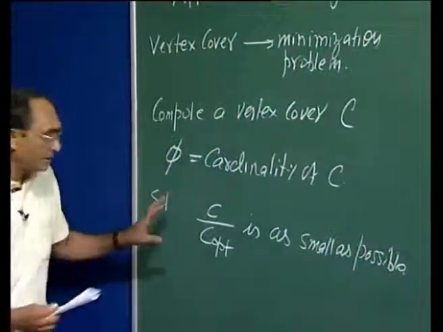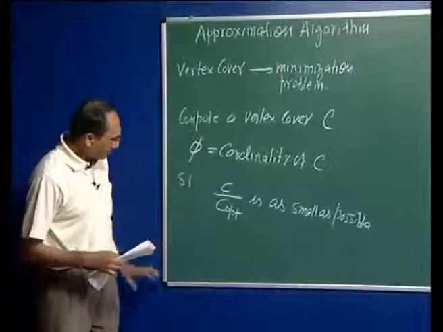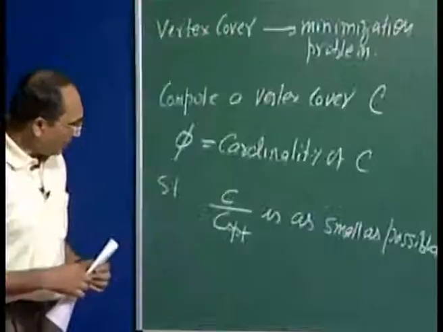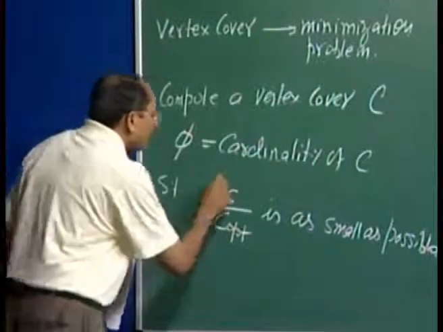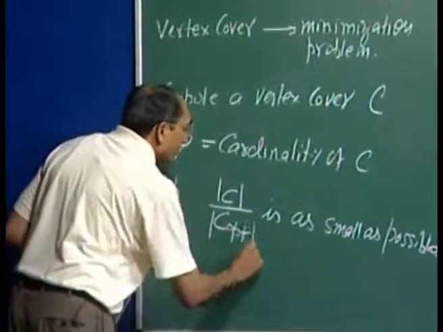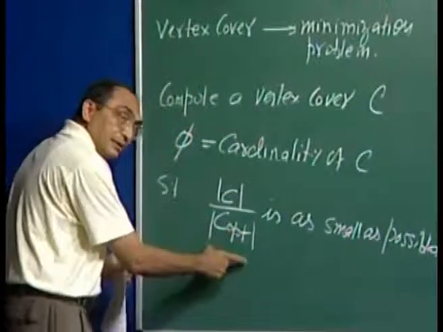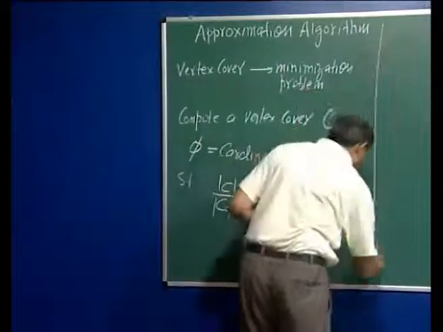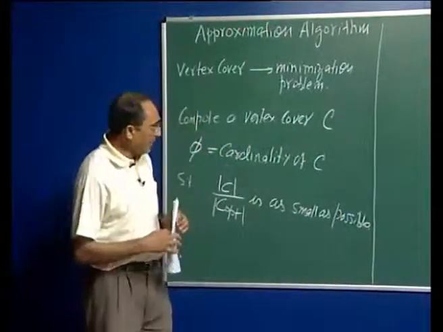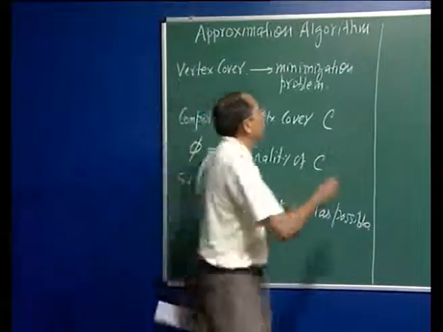We would like to bound this value above. So, usually the cardinality of this will be bigger than this, and we would like to bound it upwards. So, here is a very simple algorithm.